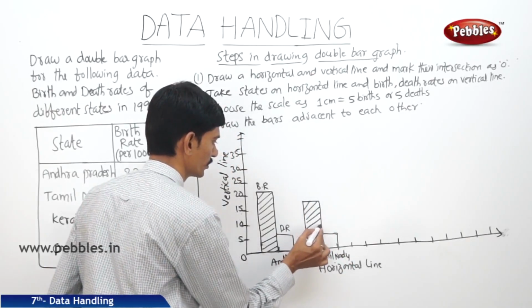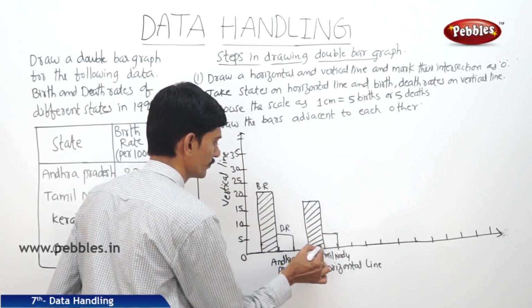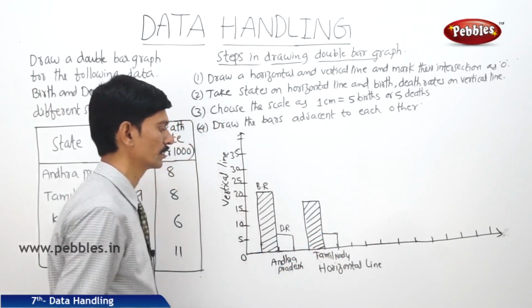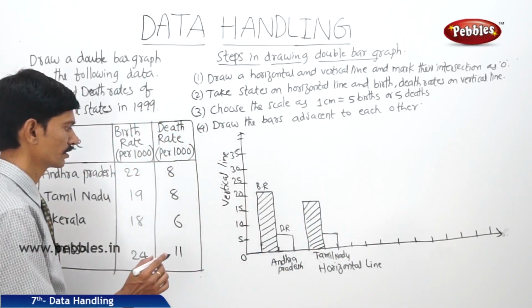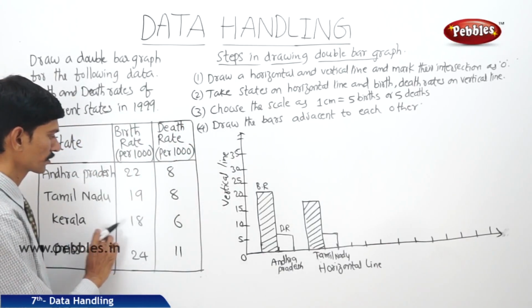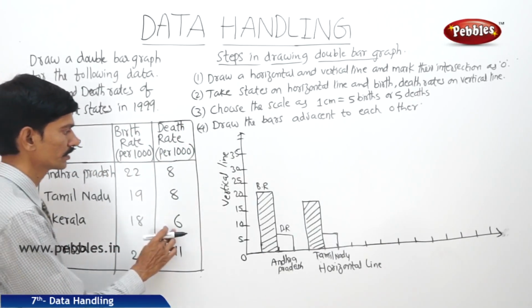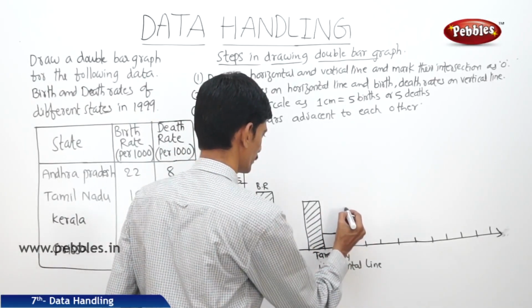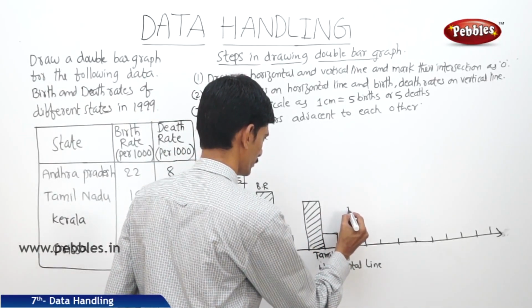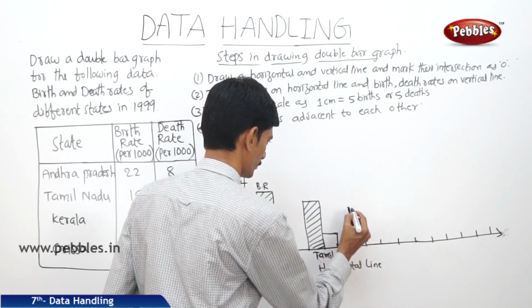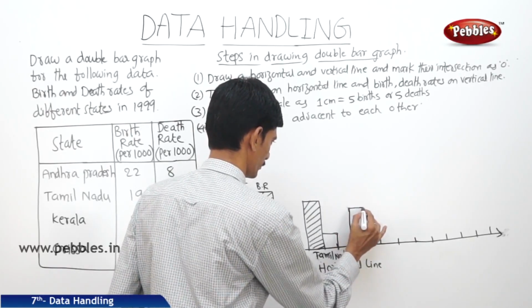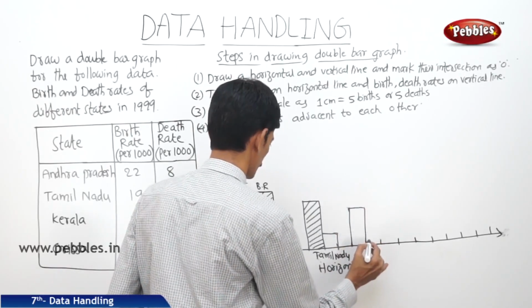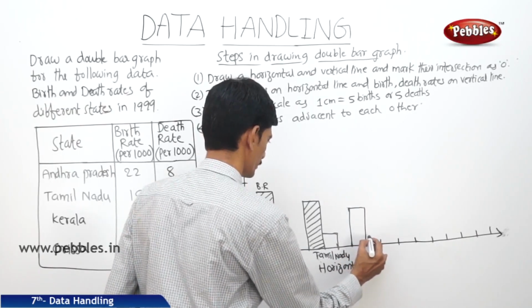The shaded part represents the birth rate and the unshaded part represents the death rate. And the next, Kerala, 18 and 6. So the birth rate is 18, and the death rate is 6.